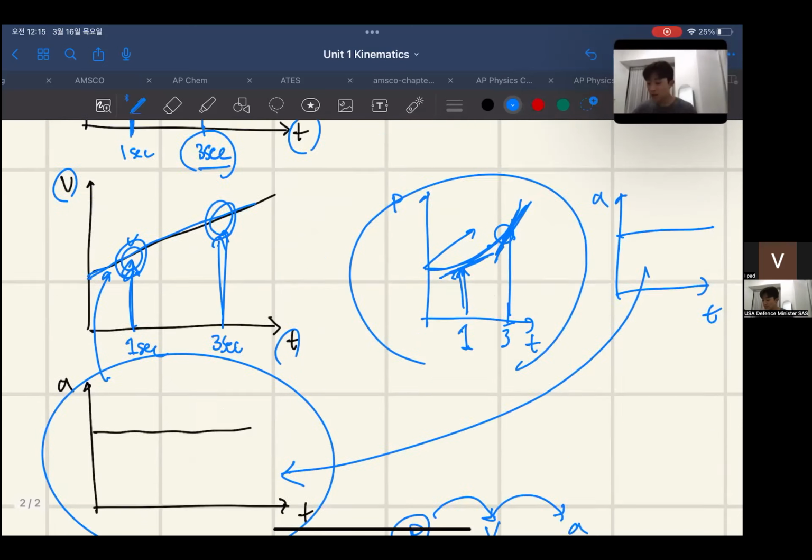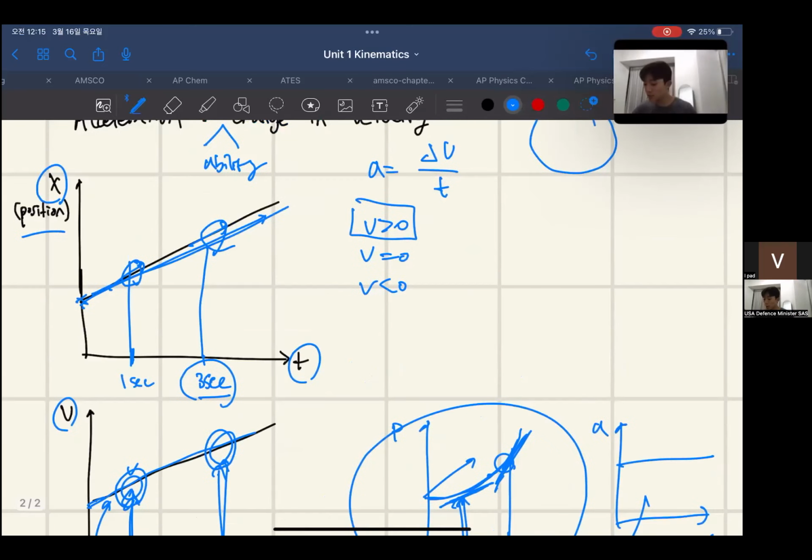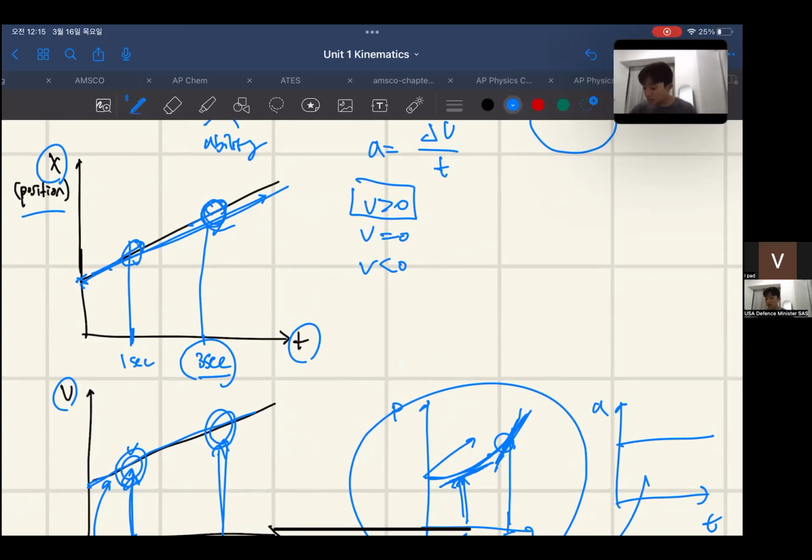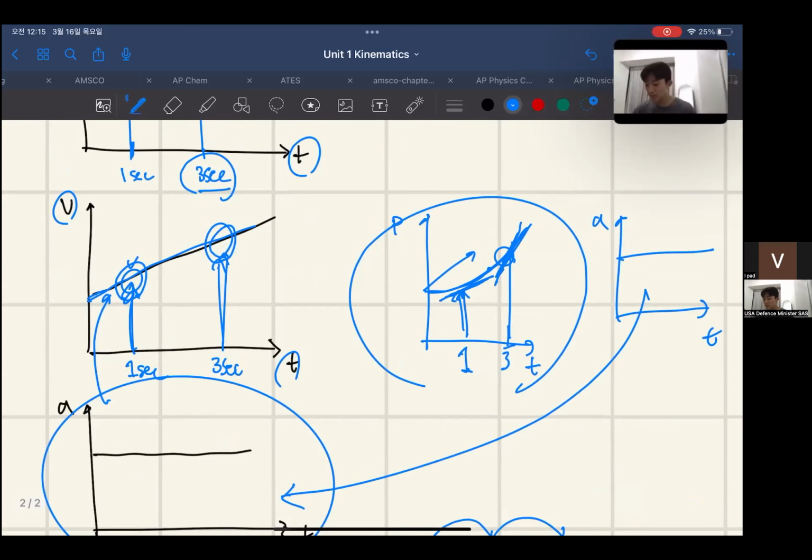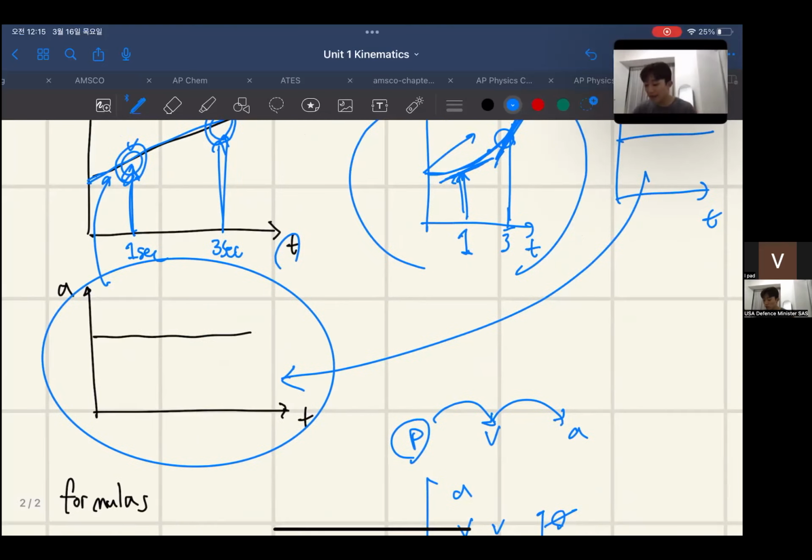If you look at these two graphs again, you can see how the slope of the xt graph was constant. That's why velocity was constant. If you look at the vt graph over here, again, the slope was constant and positive. That's why acceleration was constant and positive.